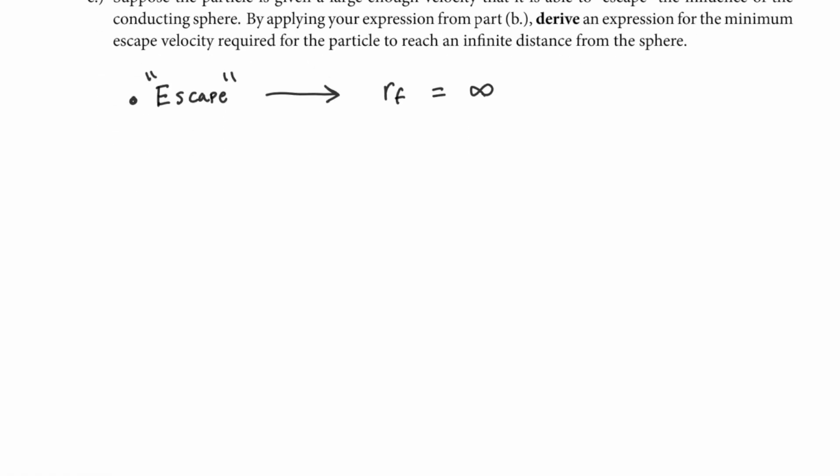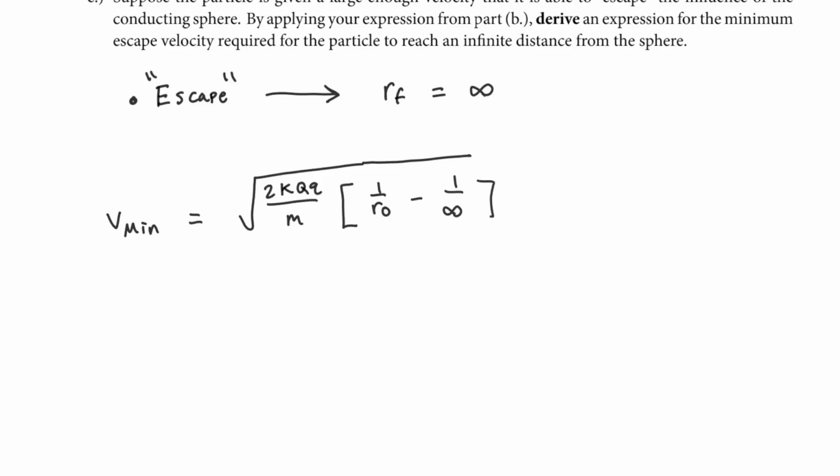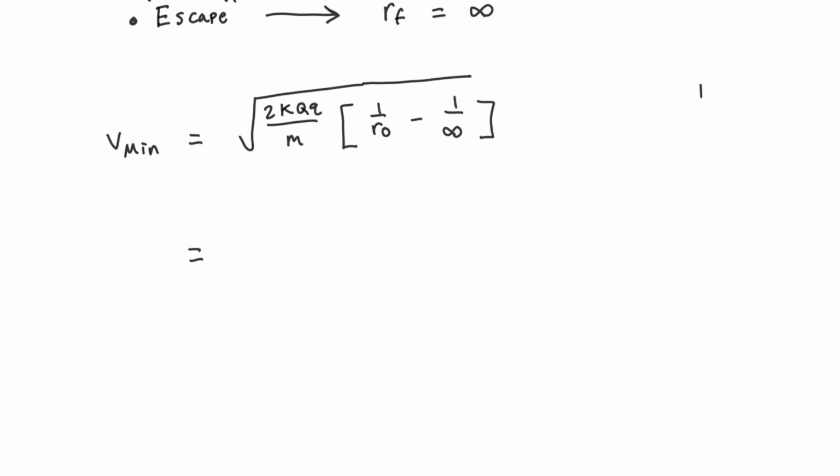So we can say that the minimum escape velocity is equal to square root 2kqQq over m times the quantity 1 over r0 minus 1 over rf, which we're saying is infinity now. And again, remember our physics fact that 1 over infinity is equal to 0, right? If I have one cookie to divide amongst infinite people, each person gets 0 cookie.